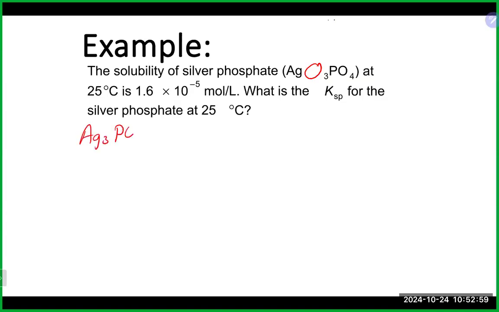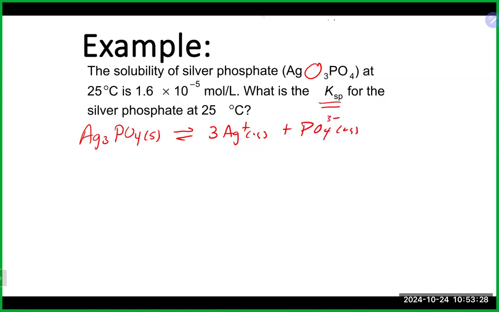So the first thing that we're going to do is take our compound. And by the way, we know that this is a solid because, frankly, we're looking for a Ksp value. So if you're not sure of your solubility rules, you could pretty much fake it, because there's the Ksp value, so that's going to be a solid. That's all you have to worry about. And here, it's going to break apart into 3 silver ions and a phosphate ion.